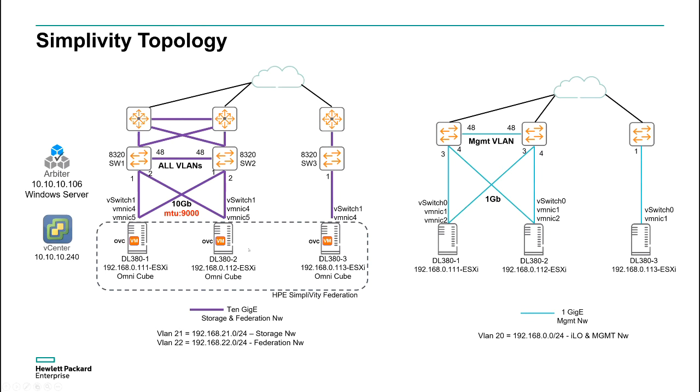Here in the topology, the 10 gig NIC cards are connected to the 8320 CX switches. This is where all the virtual machine, federation, and storage traffic passes through. The management is connected to another pair of switches for demonstration.